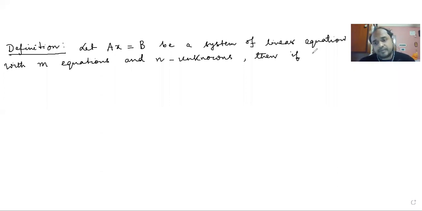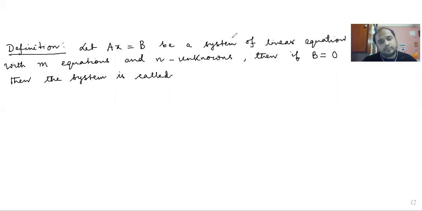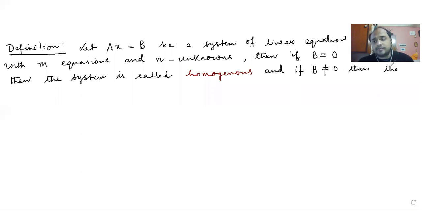If capital B is equal to 0, then the system is called homogeneous, and if capital B is not equal to 0, then the system is called non-homogeneous.